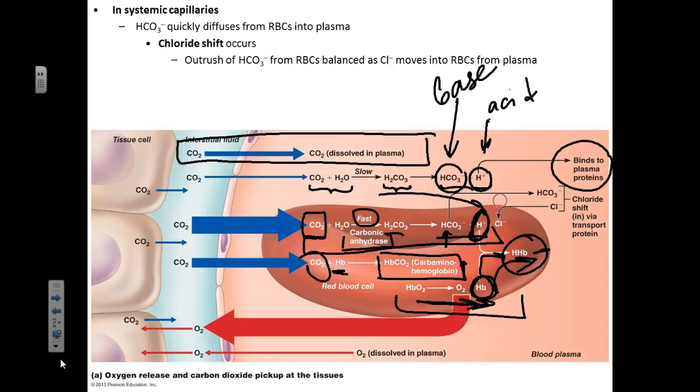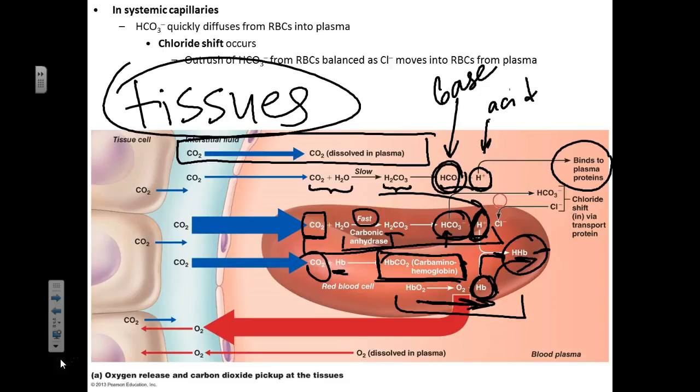So in a nutshell, CO2 is transported in plasma directly dissolved, in the form of carbaminohemoglobin right here, and in the form of bicarbonate ion, either in the red blood cell or in the plasma. So this happens in tissues, right? So this is tissues.